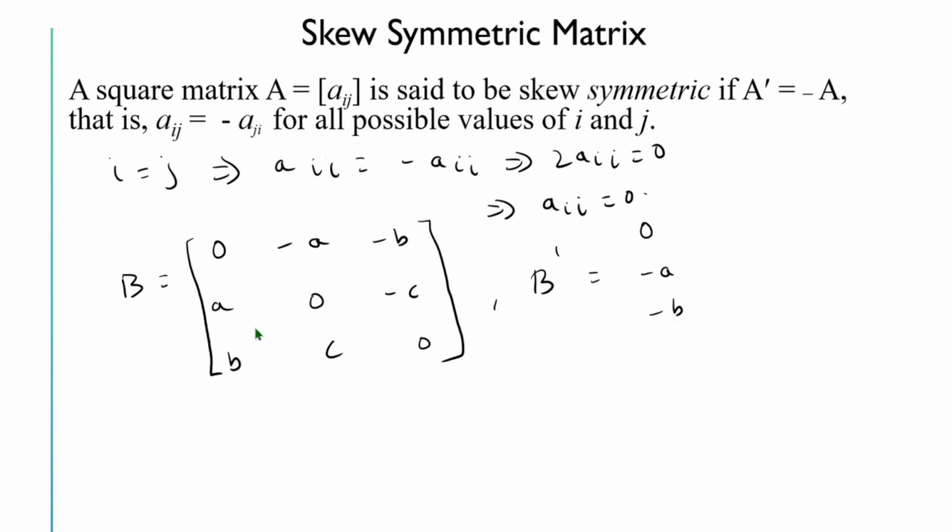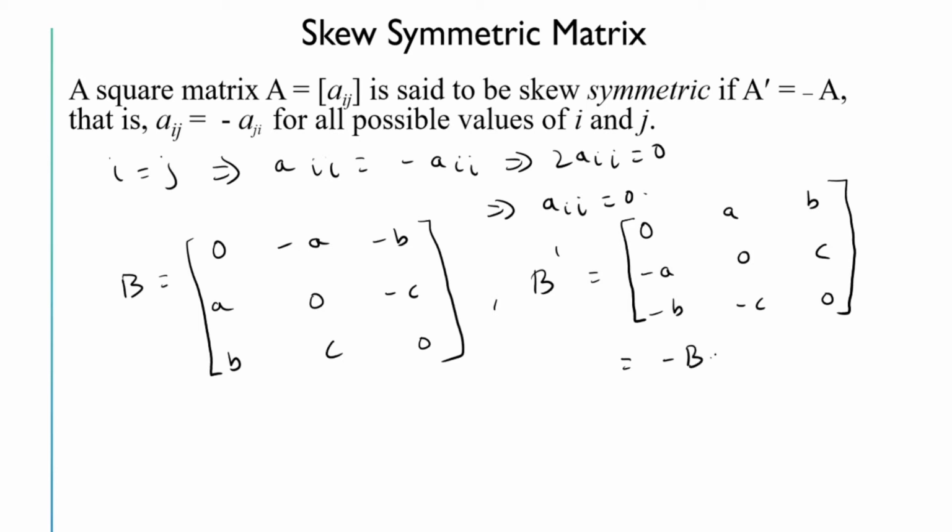Then the second row becomes the second column, A, 0, minus C, and the third row becomes the third column, B, C, 0. This is nothing but this is equal to minus B.